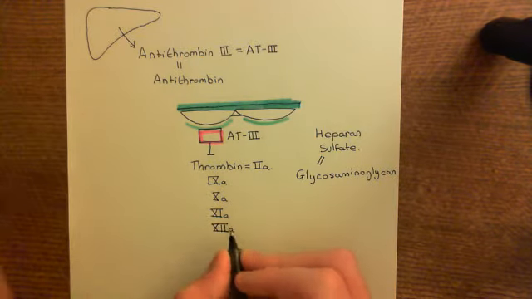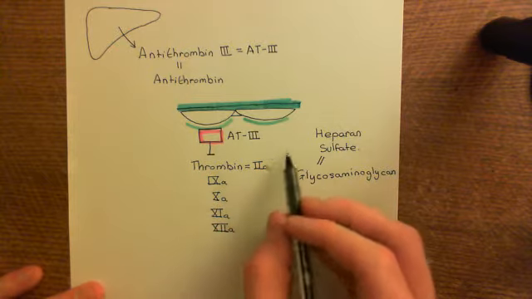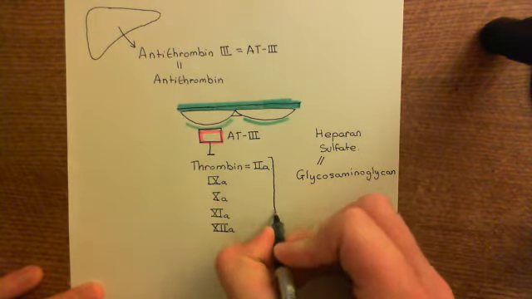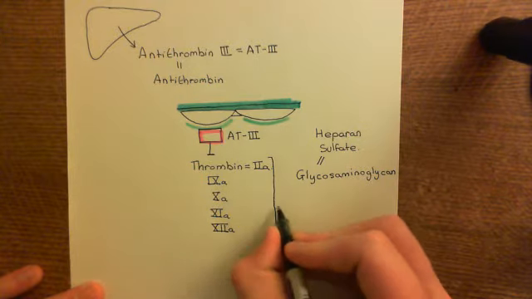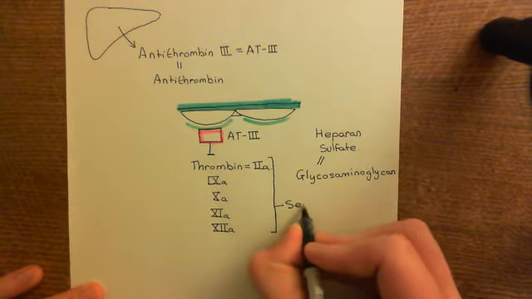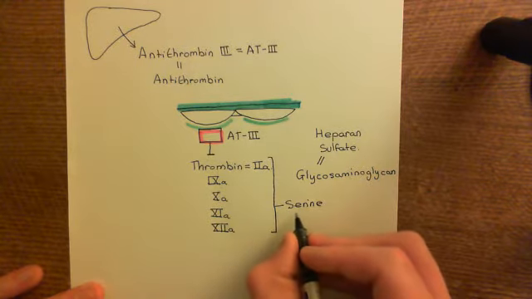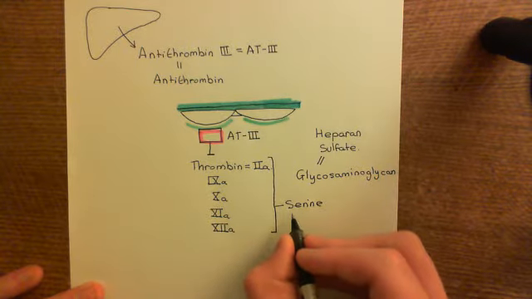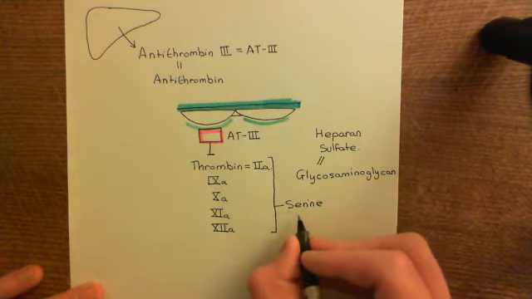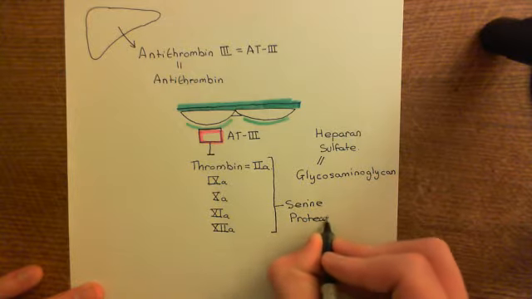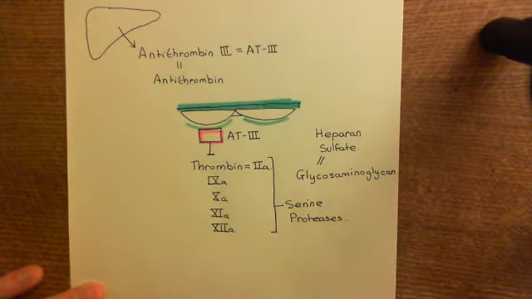And I should mention that all of these enzymes here are a type of enzyme known as a serine protease. So these are all serine proteases. They cleave bonds which have been formed by a condensation reaction by adding water back in. So they are serine proteases. Okay, right.